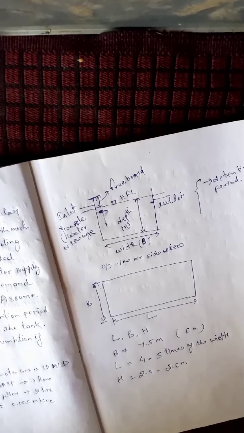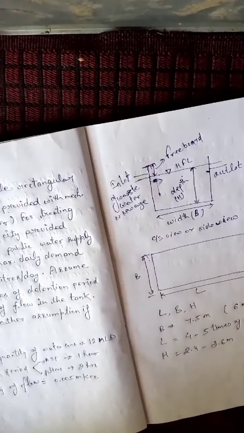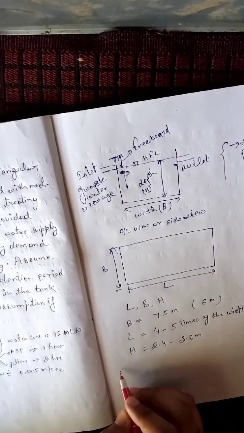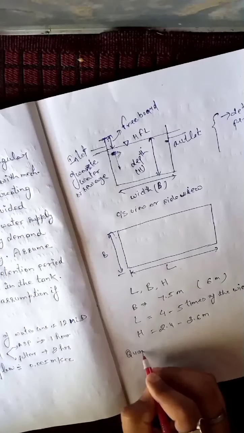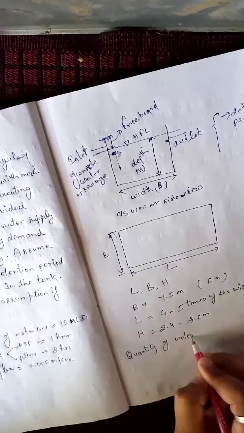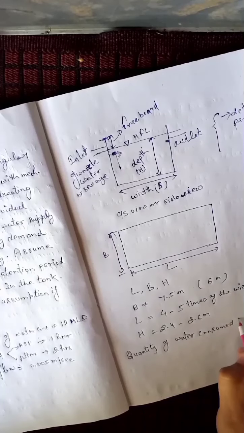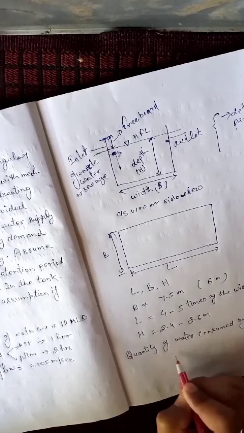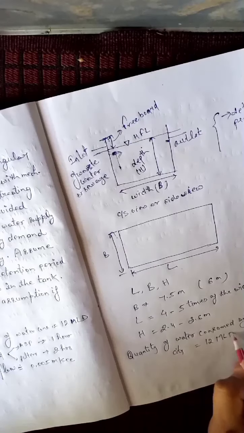Now let's solve this question. These are the various parameters we have to determine for the design of a sedimentation tank for primary treatment. Next, let's solve this question. The data given is the quantity of water consumed by the city, that is 12 million liters per day.